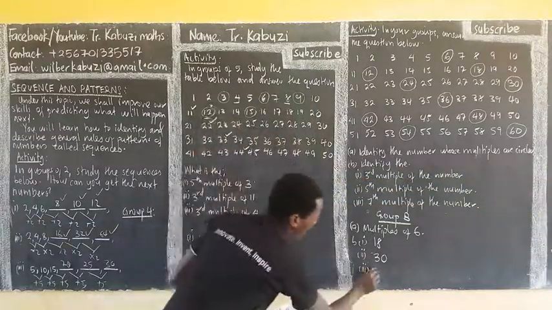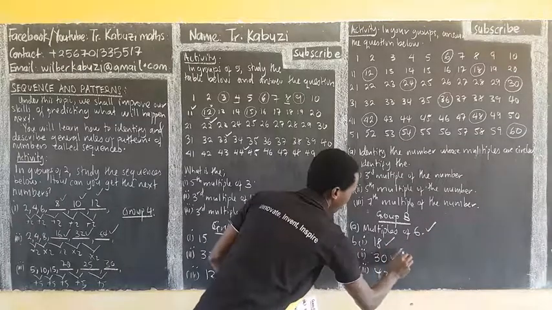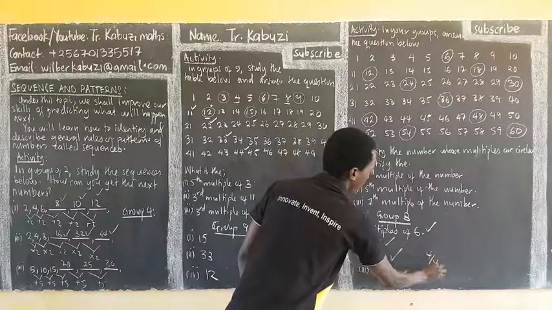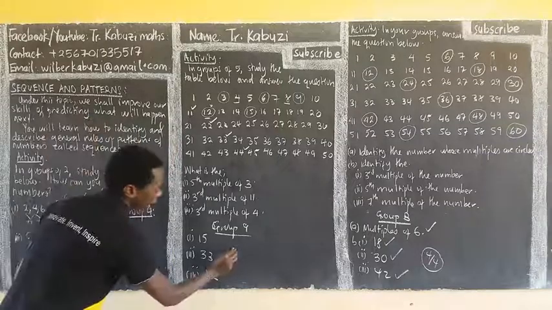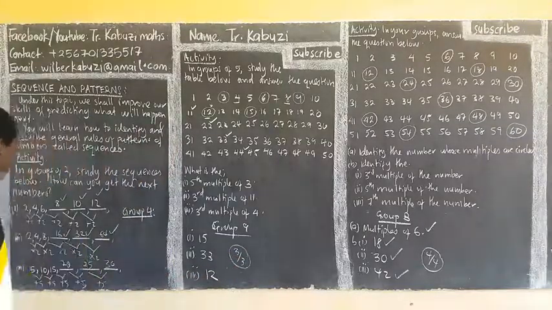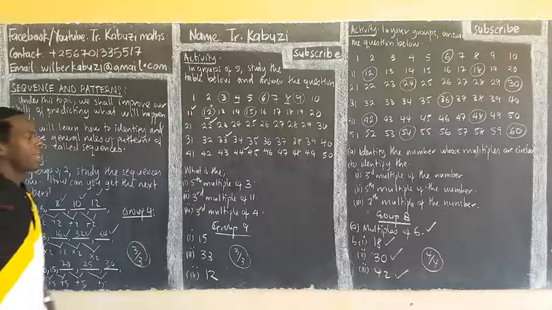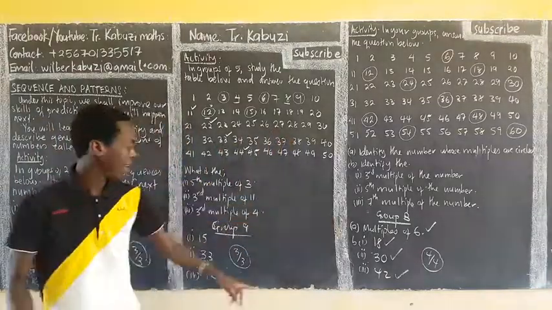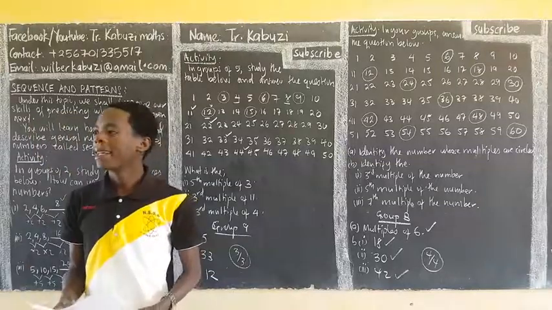So we give them a tick here, a tick here, a tick here. So here we are having 4 out of 4. This group is having 3 out of 3. And this one's also got 3 out of 3. Oh, wow. That's nice.